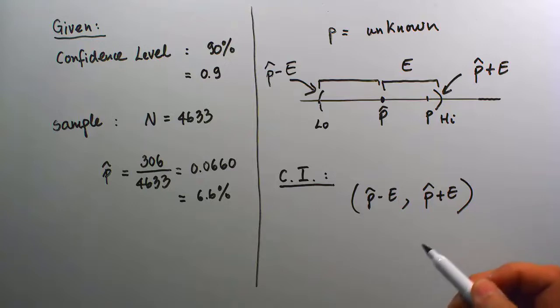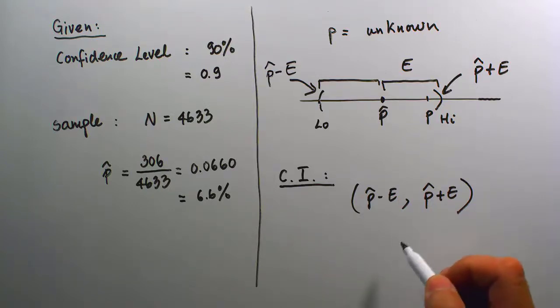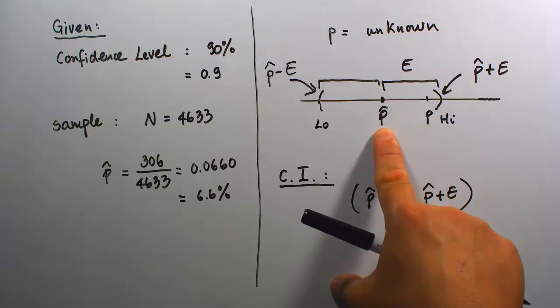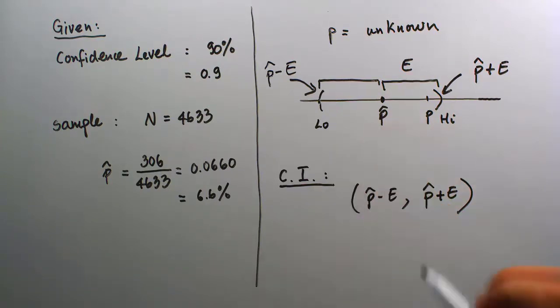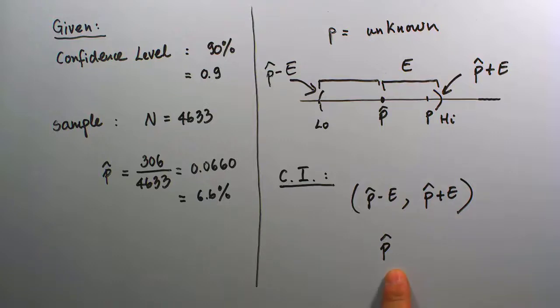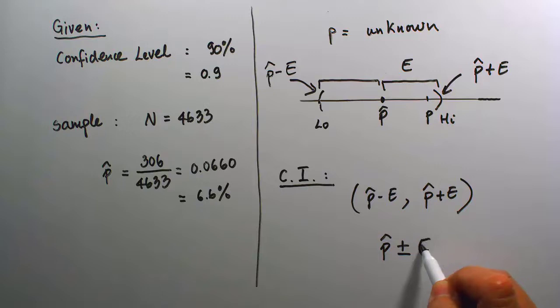But among the statisticians, a more common way of expressing the interval is, and you can see that p hat, our current sample proportion value, is exactly in the middle. So the confidence interval can also be expressed as p hat plus and minus the margin of error.